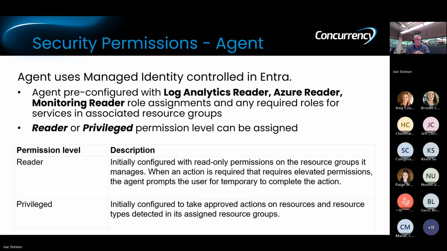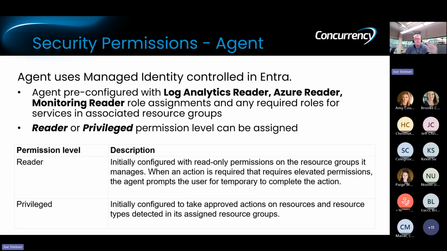With a privileged permission level, if you set the SRE agent to that, after it sees there's this incident and here's the recommended course of action, it will already have the permissions to take action. Whether it automatically takes that action will depend on the type of action and some of the other settings you have. So there are a few different places within the SRE agent where you have control over how much automation it can perform.